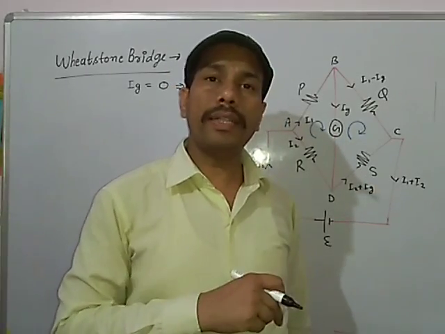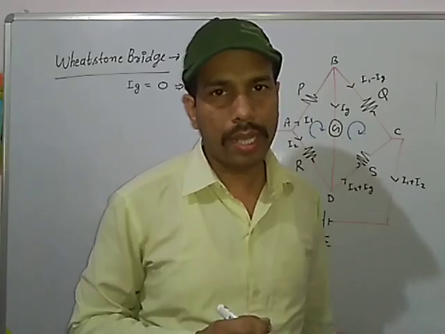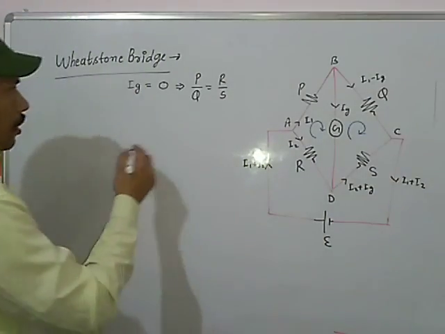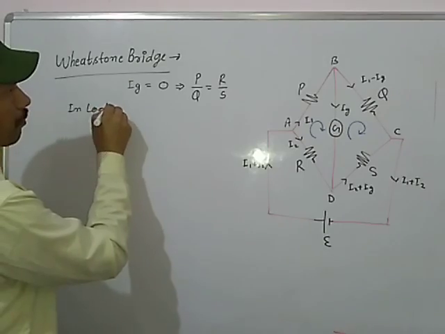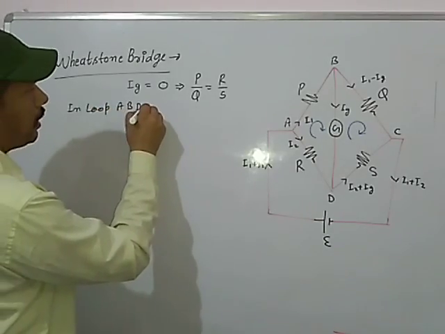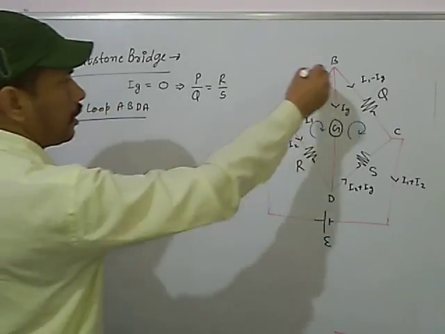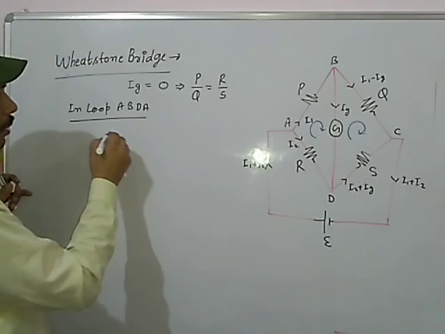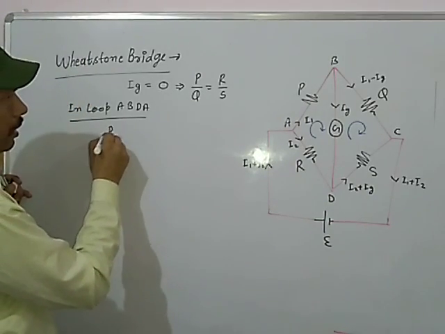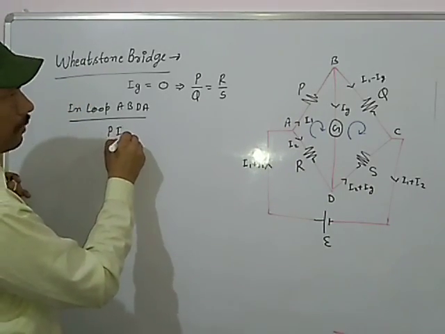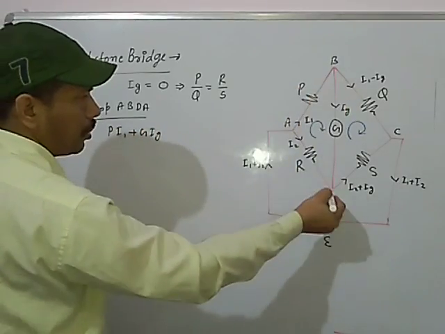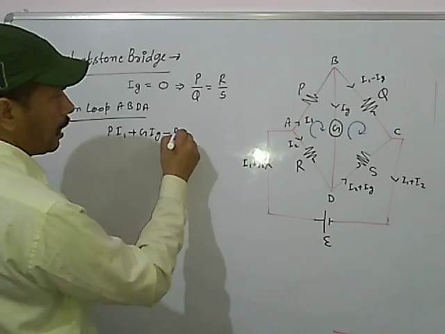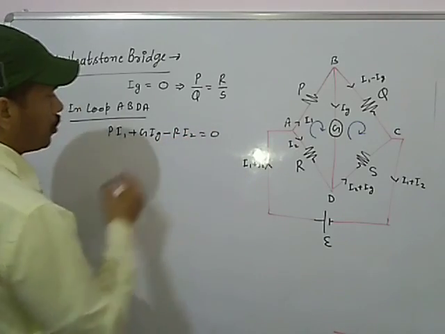Now to obtain this condition, we can use Kirchhoff's rule. So according to Kirchhoff's rule, let us take the loop ABDA. From A to B, the resistance is P, current is I1, so P I1, then plus G IG in this branch. After that, coming here, minus R I2 is equal to 0.